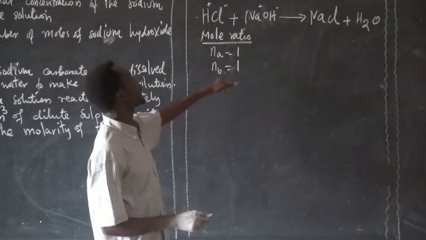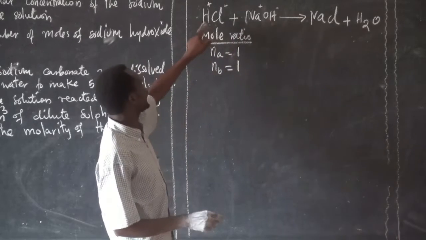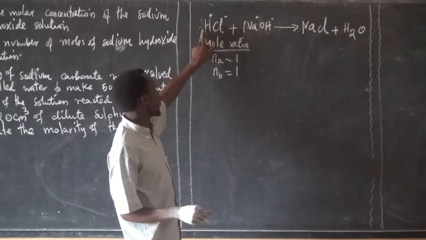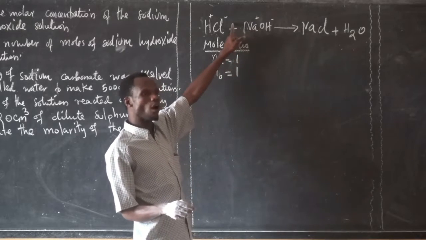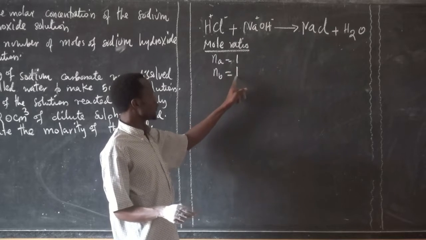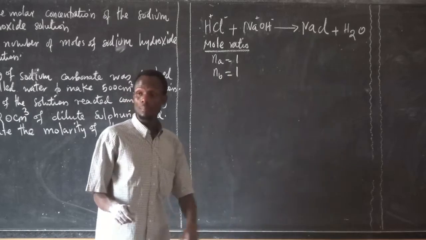This is written from the coefficient of HCl, which is 1, and the coefficient of sodium hydroxide, which is 1. That is why we say Na is 1, Nb is 1. This is number of acid, number of base.